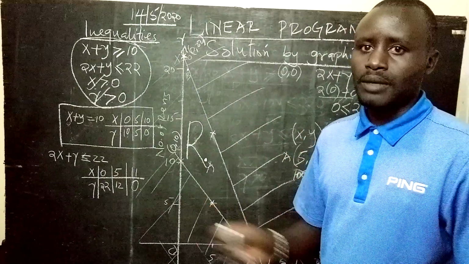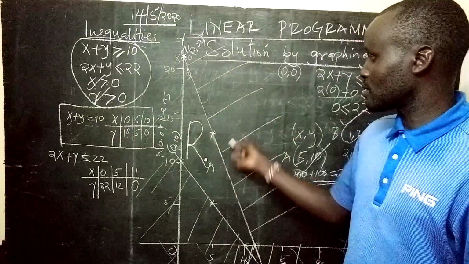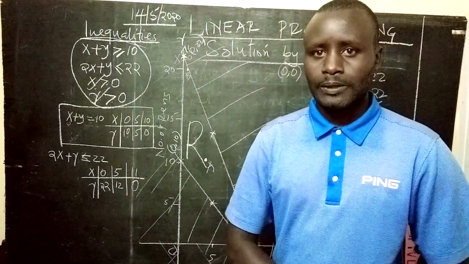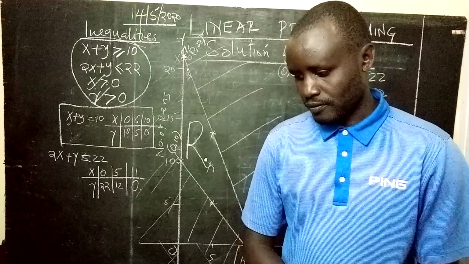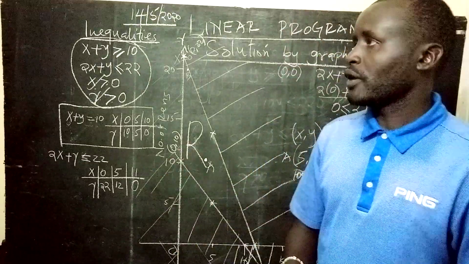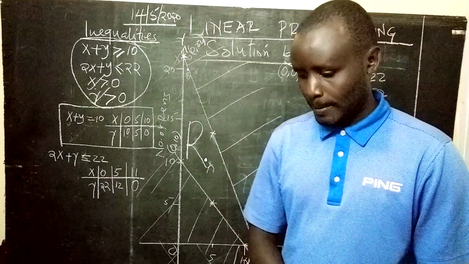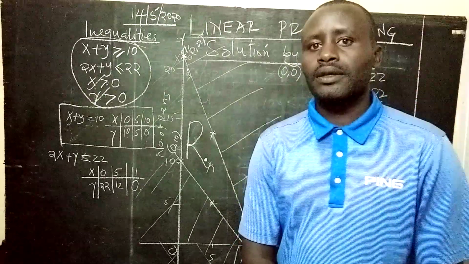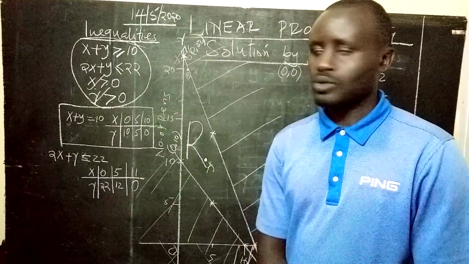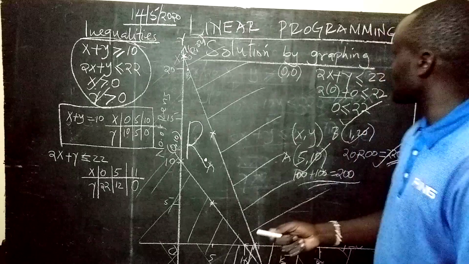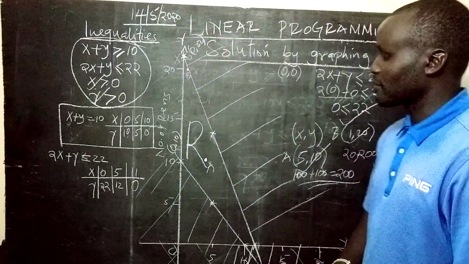And that is all about how to graph. This is just one example. There are so many examples, but because of the challenge of time and also for you to understand, we are going to use only one example here to have this part of the solution by graphing.